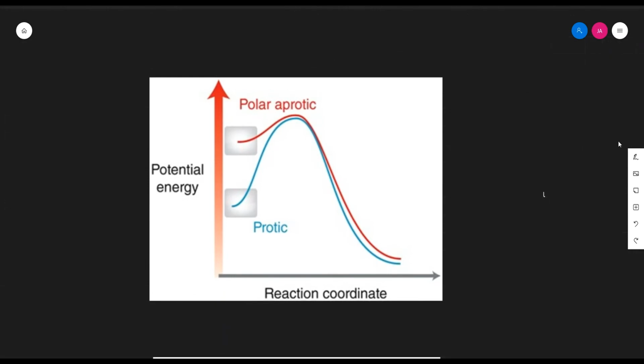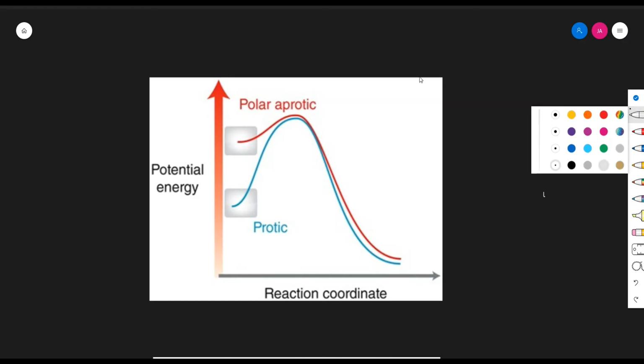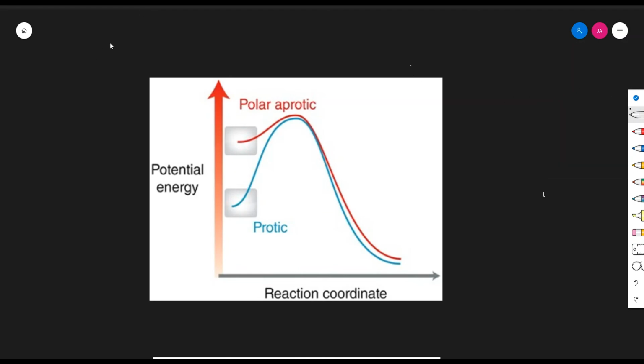This is an energy level profile for an SN2 mechanism, which occurs in one step, in which the reactants here are both the halogenoalkane and the nucleophile.